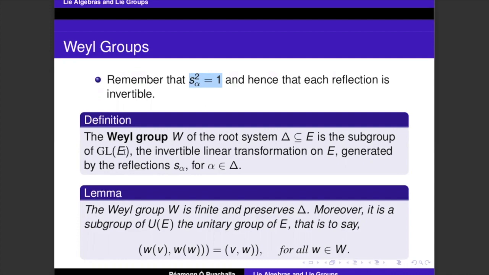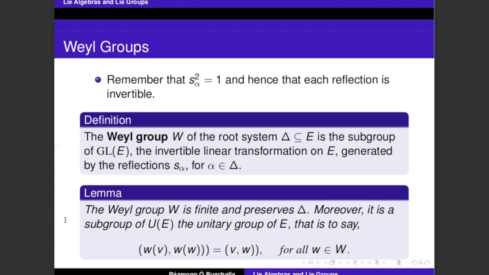Regarding this as a vector space, it's all of the invertible matrices, that is, linear transformations on this finite-dimensional vector space, which is a group, of course. Then we look at the subgroup of this group generated by the reflections, and that's the Weyl group. Just basically the group generated by the reflections.